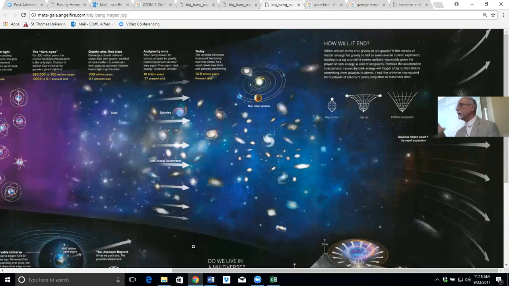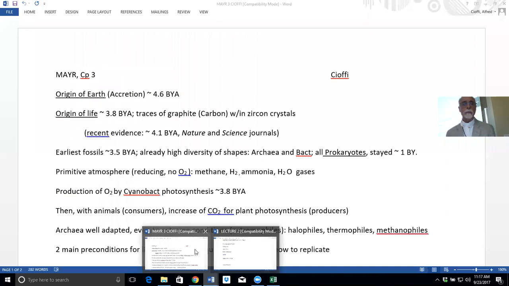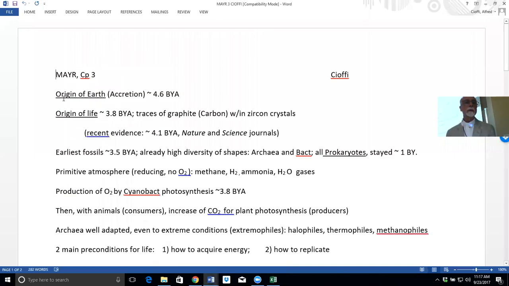But when I talk about life, at least in this part of the course, I'm talking about organic, physical, physiological life of metabolism. So all that summarizes this little phrase here, the origin of Earth by accretion. That presupposes a Big Bang previously, about 4.5 billion years ago, BYA, billion years ago.